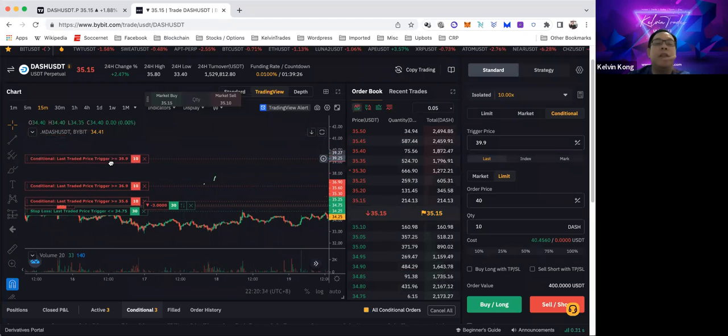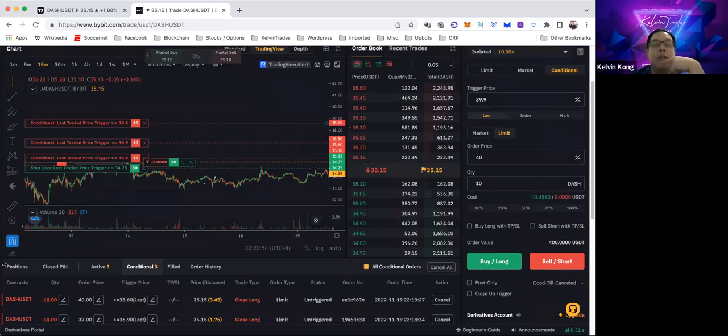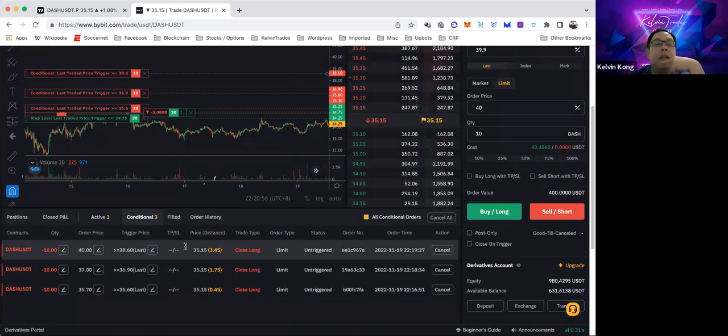Another thing is, guys, you can move your take profit up and down. Let's say you want to change your take profit and move it closer, you can move it down. Then now your trigger becomes 38.6. But when you move your orders up and down, you have to come back here and key in the appropriate figure.